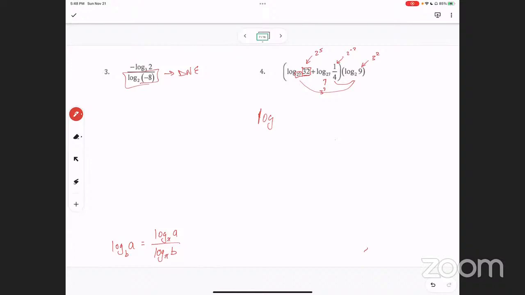Let's do log base 10 for both of them. So that would be log of 2 to the 5th over log of 3 cubed, plus log of 2 to the negative 2 over log of 3 cubed, times log of 3 squared over log of 2.